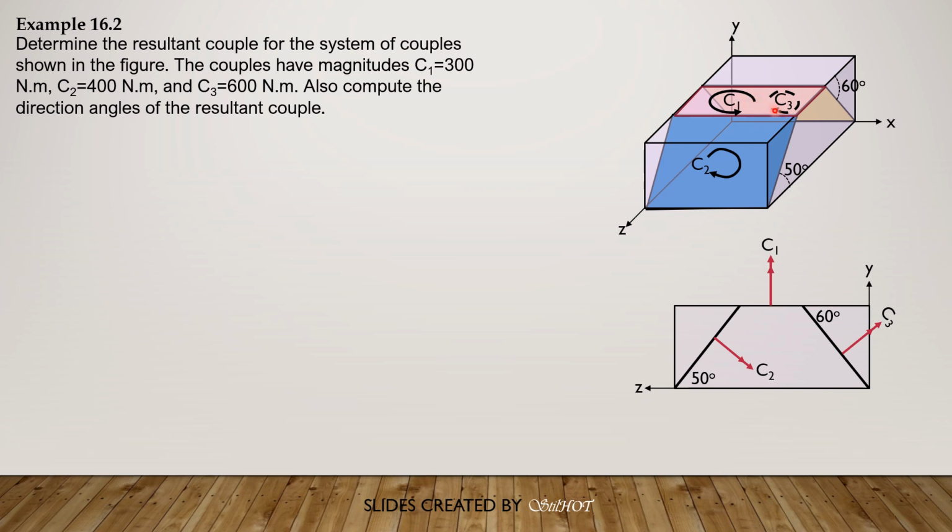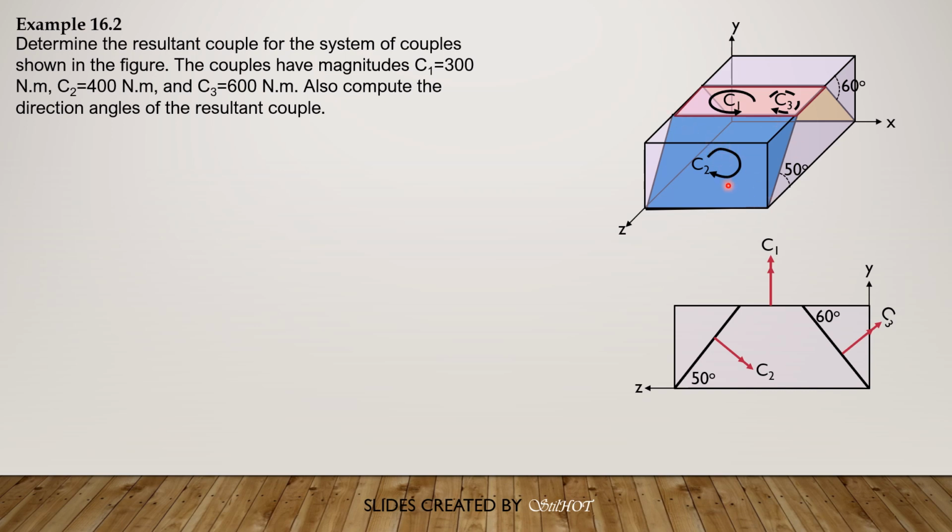For couple 1, you curl your four fingers in this manner, then your right thumb will be pointing upward. So couple 1 is simply 300j in vector form. Couple 2, because this is the sense of curling, will be pointing perpendicular to this plane, but not in this direction, rather in the opposite direction.